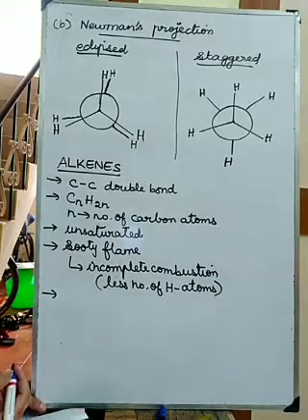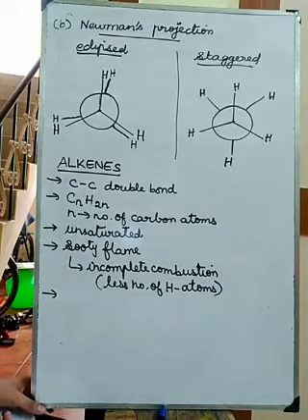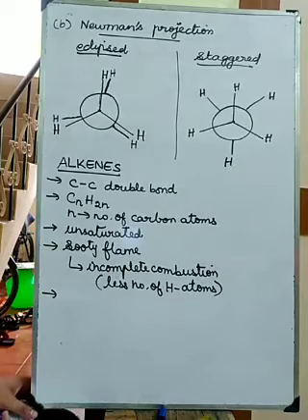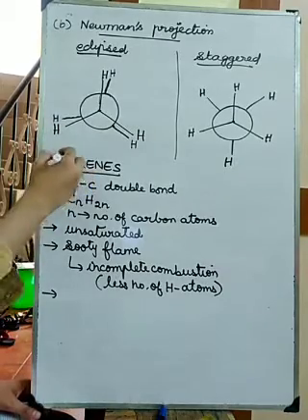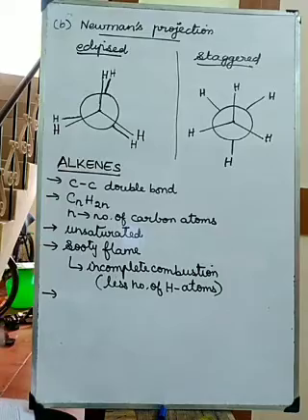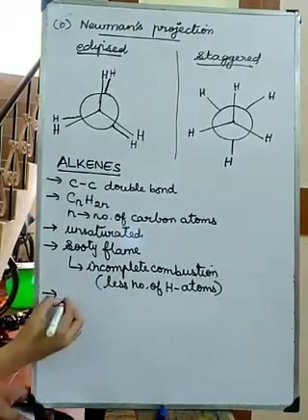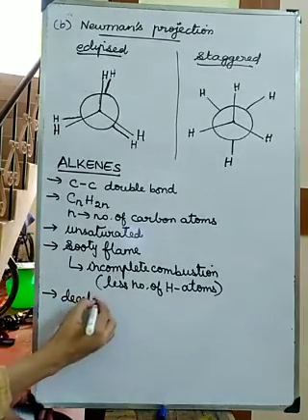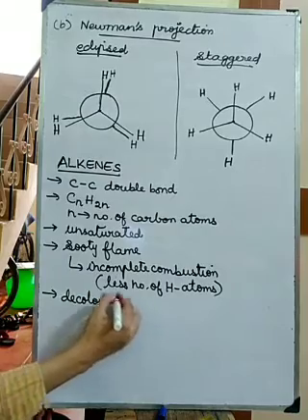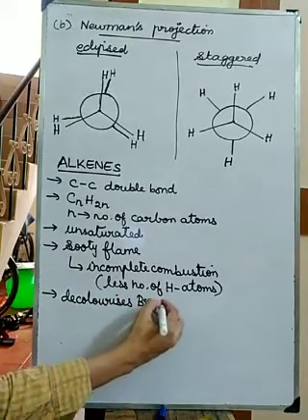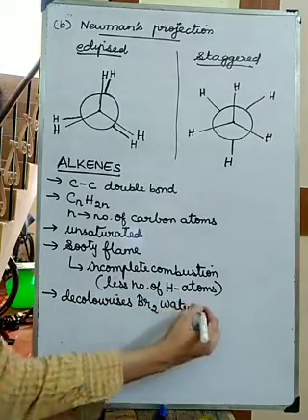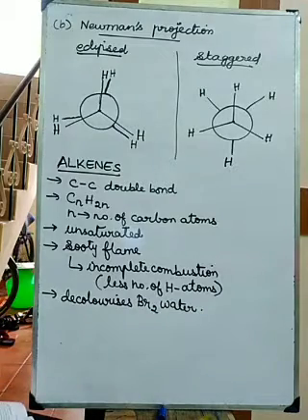Bromine water test: what is the color of bromine water? Brown color. If I add bromine water to an alkene, it decolorizes the bromine water. So these are the properties of alkenes.